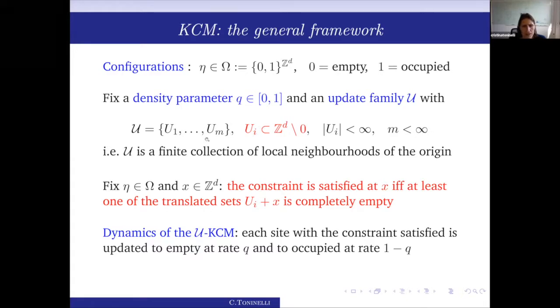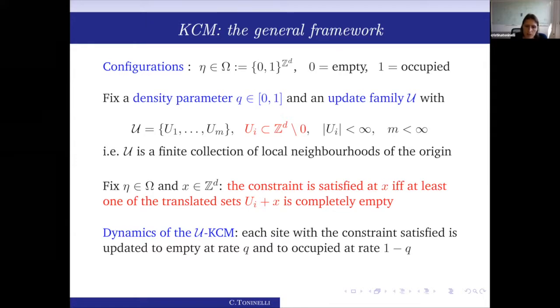So I have a finite collection of neighborhoods of the origin. And furthermore, these sets in this update family do not have to contain the origin. Okay. Then, if I fix one such family of sets, the constraint corresponding to this choice of the family is defined as follows.